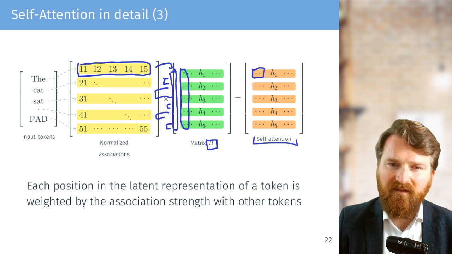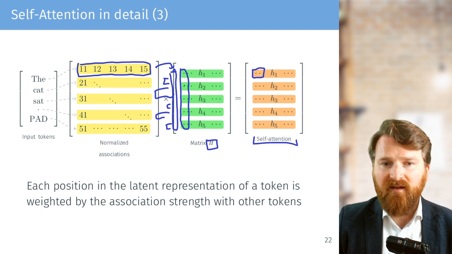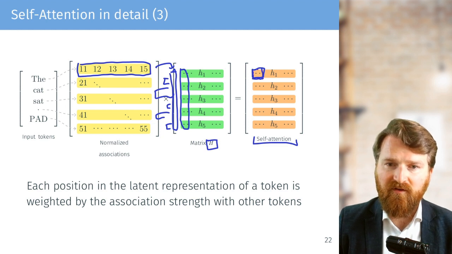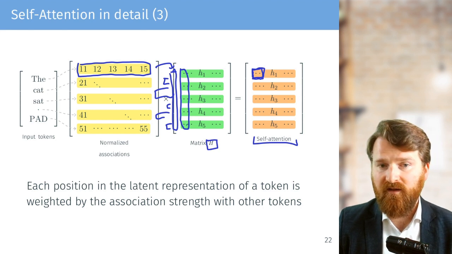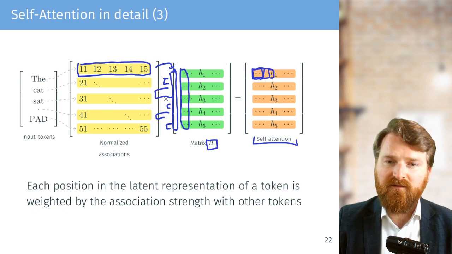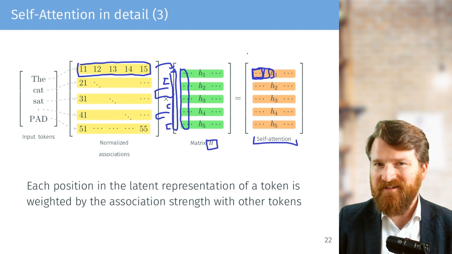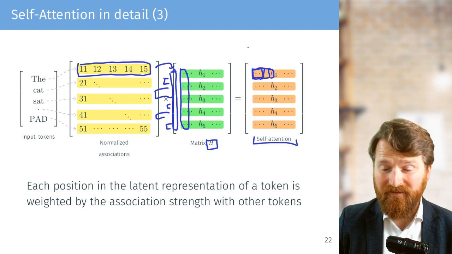It weights each of these elements in the first dimension of the embedding vectors, and sums it up. So we get a sum of strength of association from each of the other words, for each of these dimensions: the first dimension, then the second dimension, and so on. So we really get contextual information from all the other tokens, which are probabilistically weighted.